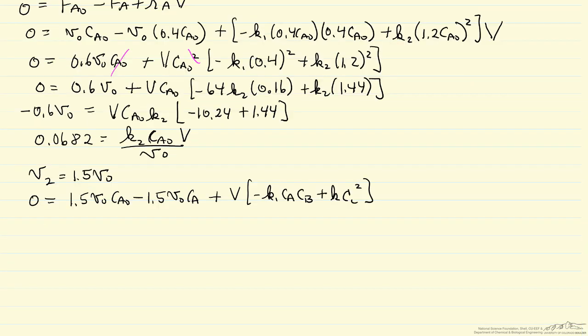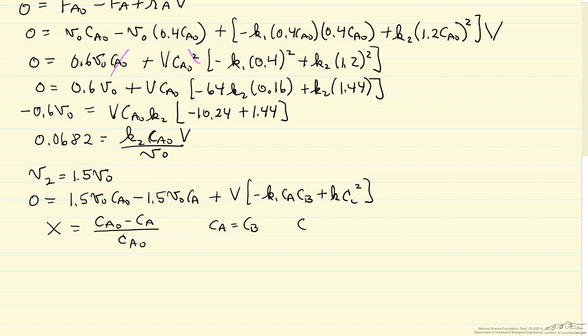Now here, in order to solve, I'm going to write this in terms of conversion. For a constant volumetric flow rate, we're at steady state and the inlet and outlet volumetric flow rates are the same, then X is equal to this. And keep in mind that CA leaving the reactor is the same as CB, because CA and CB entering the reactor are the same and we're at steady state.